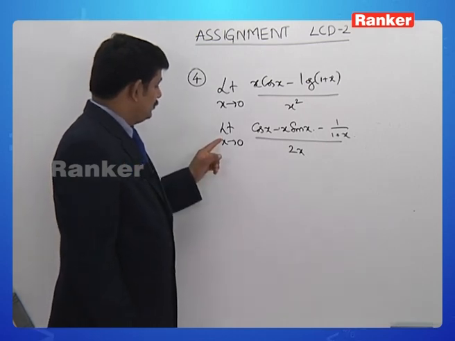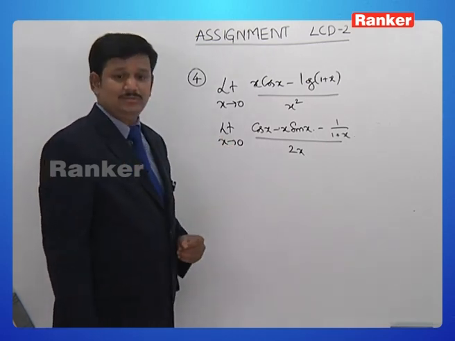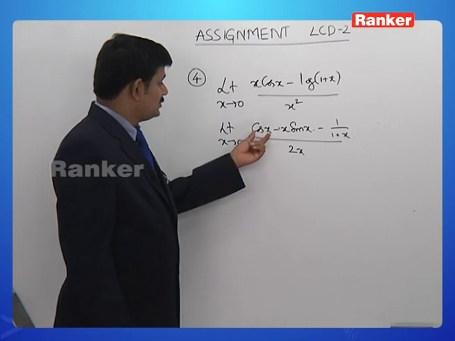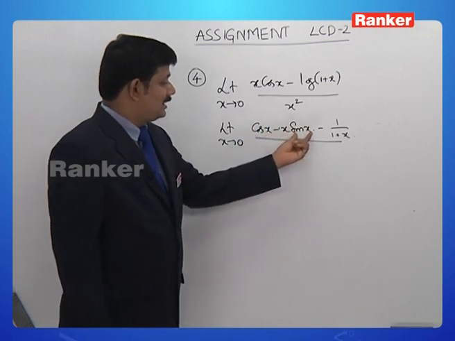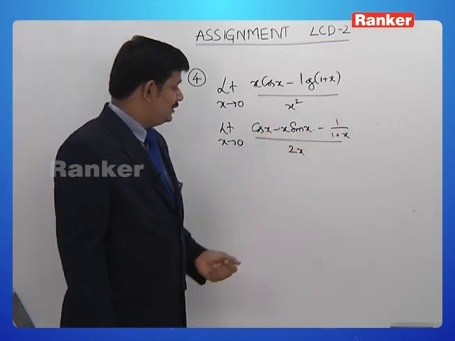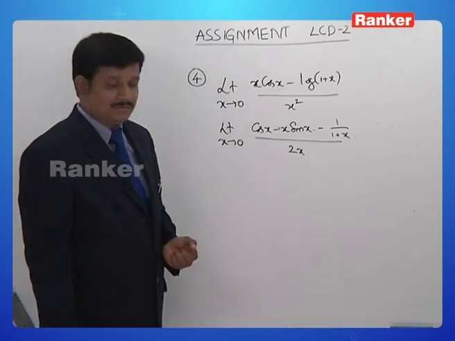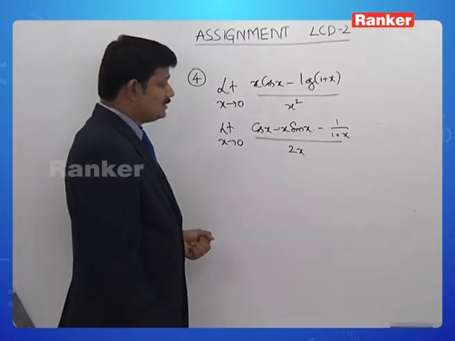So the question is limit x tends to 0, cos x minus x sin x minus 1 by 1 plus x divided by 2x. Now let us see what this limit is going to be.